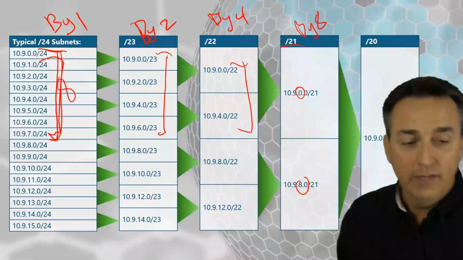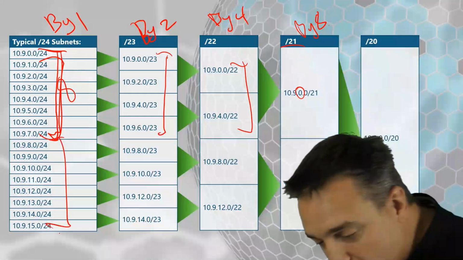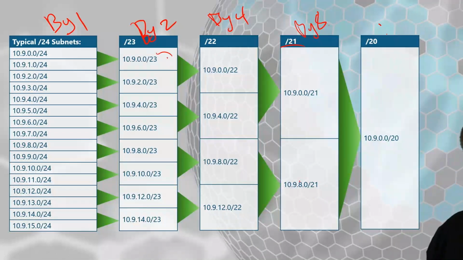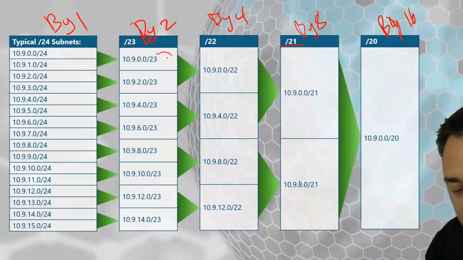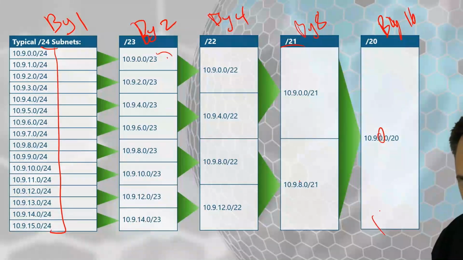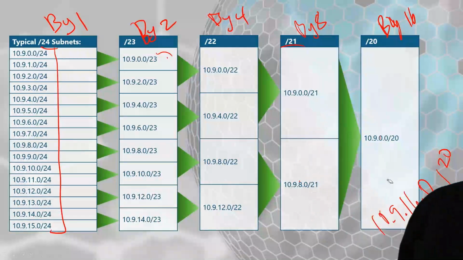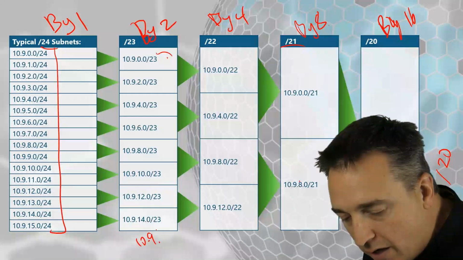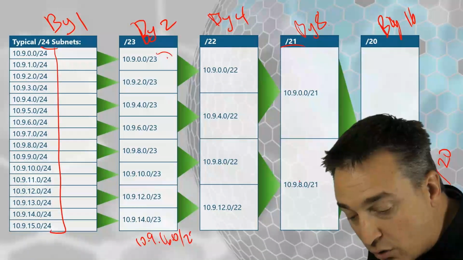Let's take it one step further to make this click even more. Look at this, by 16. Why? Because it's all 16 of them. So the next one would be 10.9.16.0/20. That would be the next network because you're counting by 16. Just like the next one down here would be 10.9.16.0/23.